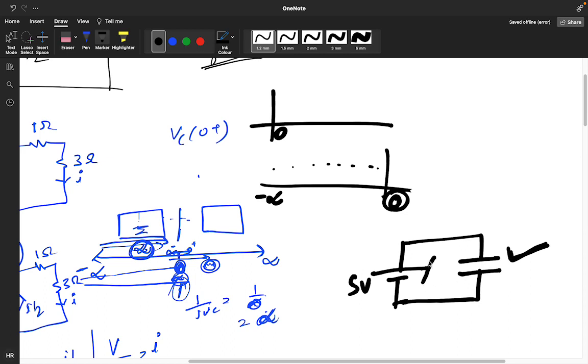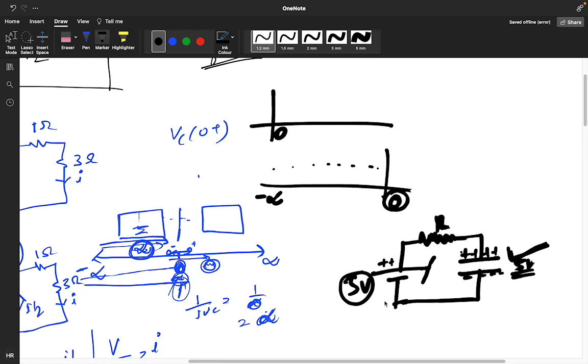The electrons will accumulate, this plate becomes positive and this one negative, so the capacitor becomes a 5 volt source. Assume some resistance R is also there.